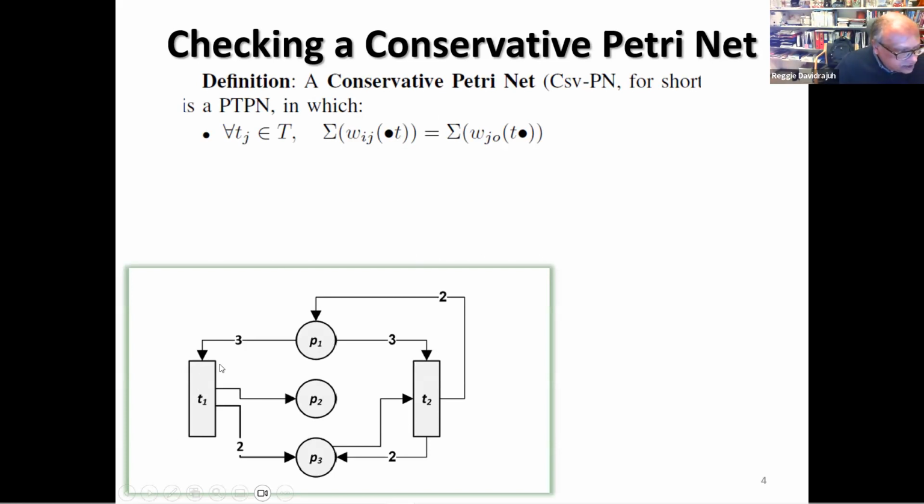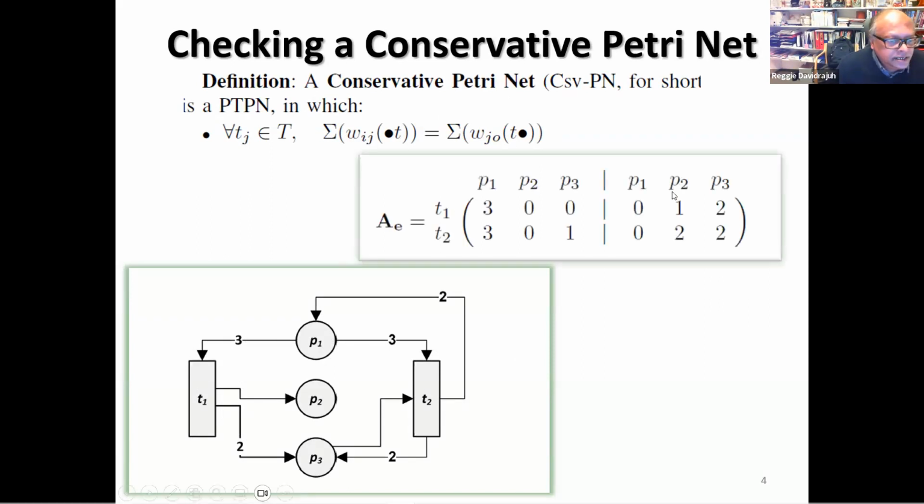If you take transition T1, the input arc weight is 3. The output arc weight is also 2 plus 1, 3. If you take T2, the input arc weight is 3 plus 1, 4. Output arc weights are also 2 plus 2, 4. So this is a conservative Petri net.